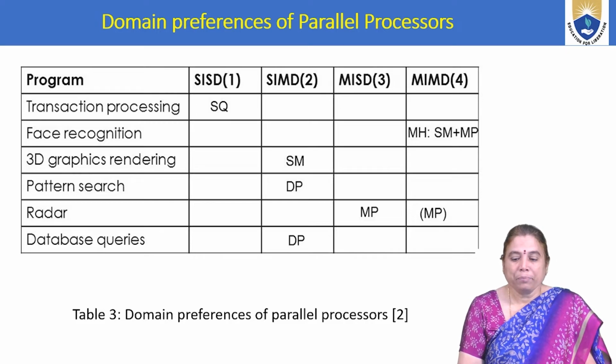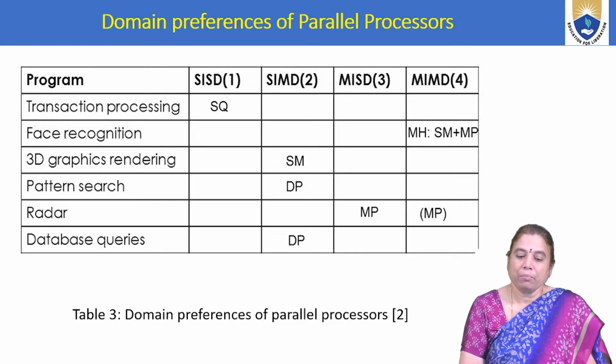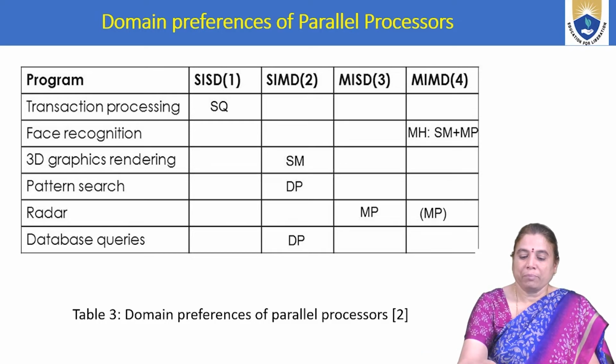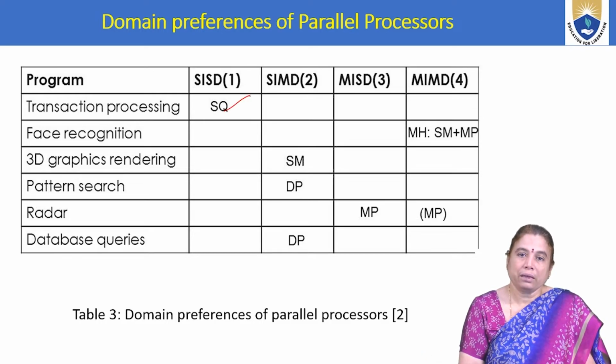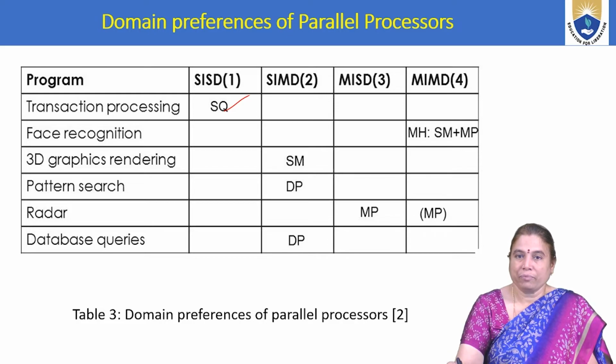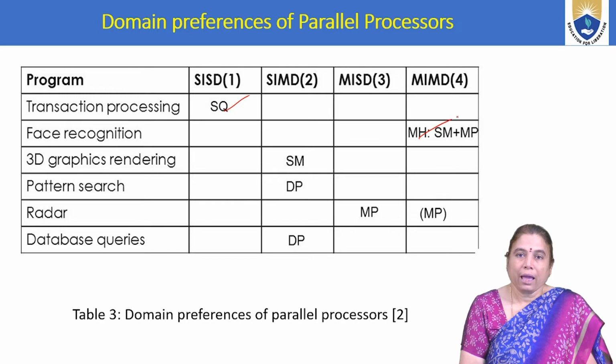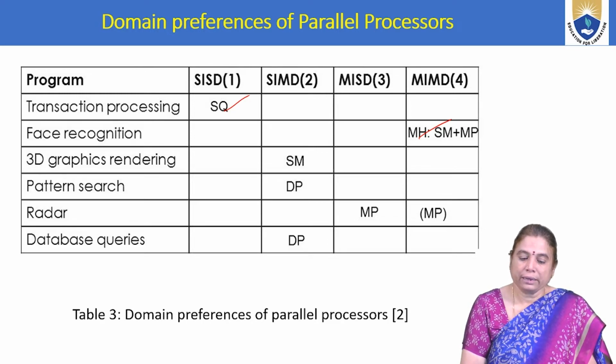What are the domain preferences for these parallel processors? Depending upon various domains, for transaction processing applications, SIMD can be preferred. Why? Because it can be used for sequential processing of the transactions. For face recognition applications, MIMD can be preferred, which can be a combination of shared memory as well as message passing techniques.